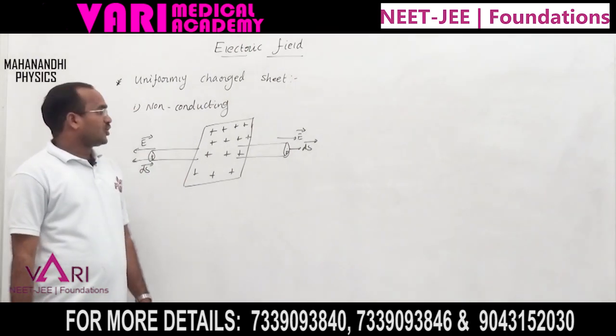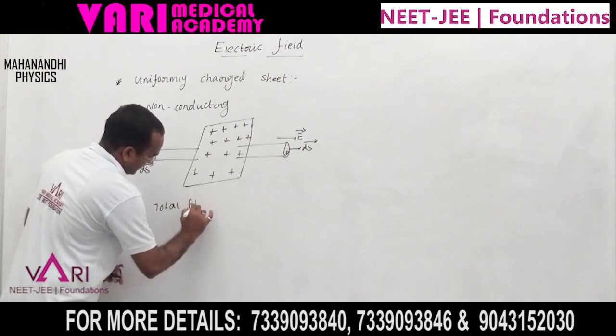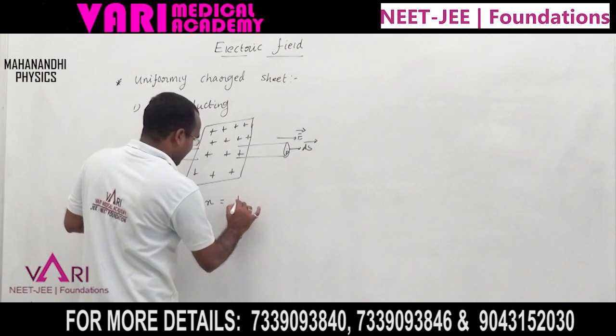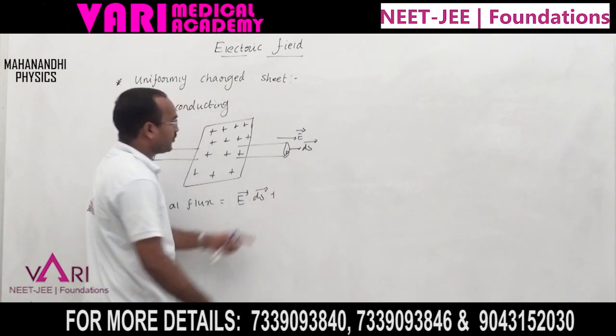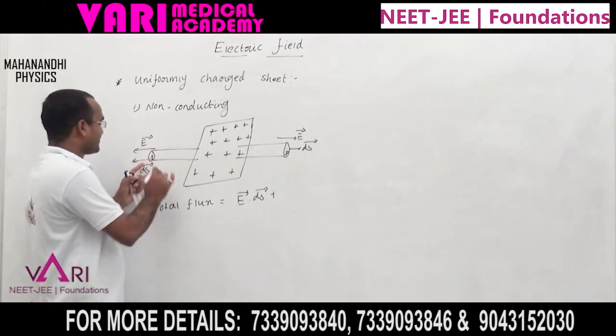That time the total flux equals E bar dot ds bar at point P plus E bar dot ds bar at point P dash.